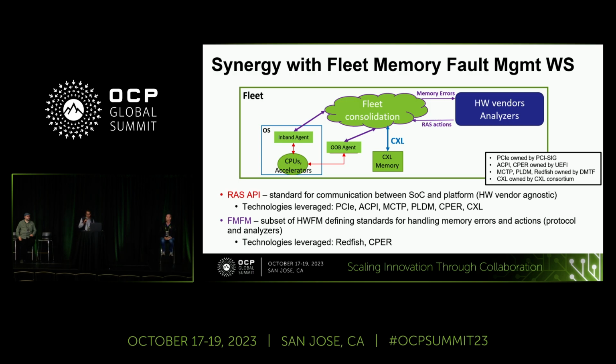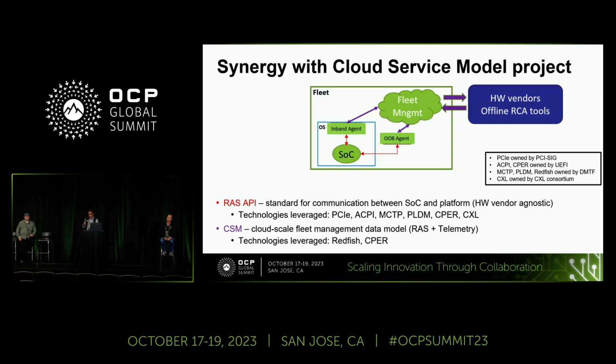One little thing there is, if it's CXL memory, then, like we discussed a little while ago, CXL has its own path for handling those.